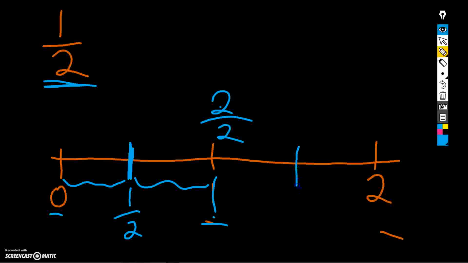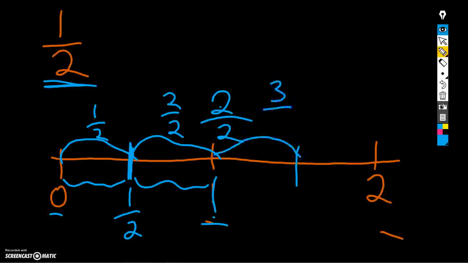What if we had a line here? What if the distance between 1 and 2 was also divided into 2 equal parts? And so the space from here to here was 1/2, the space from here to here was 2/2, and the space from here to here, if we add another half, is 3/2.